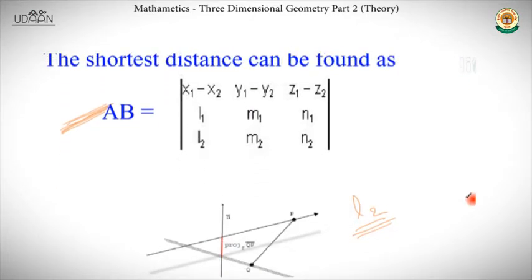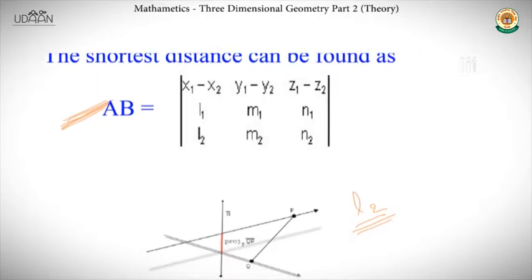So there's a trick to remember this formula: in the determinant, the last rows are the direction ratios. That is, say this is L1 and say this is L2. So L2 must have a point x2, y2, z2 on it, and L1 has a point x1, y1, z1 on it.